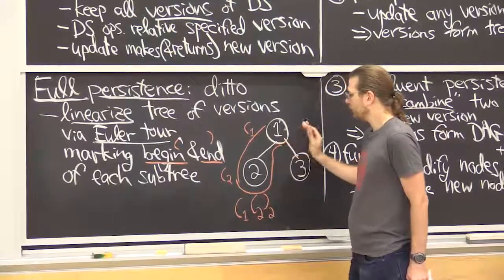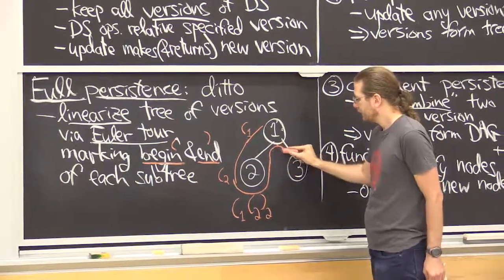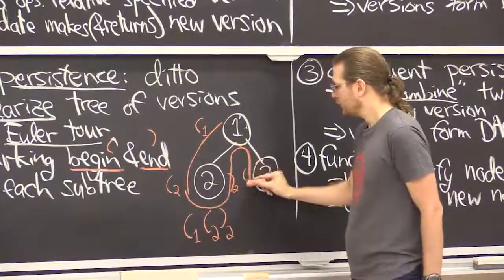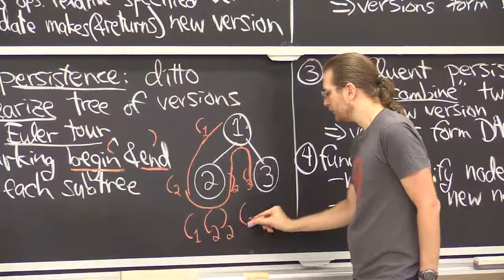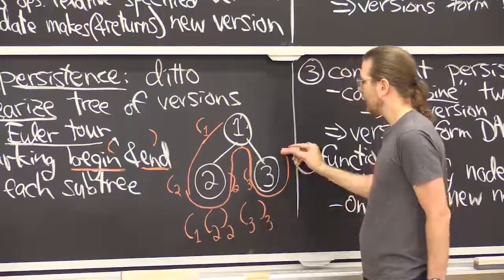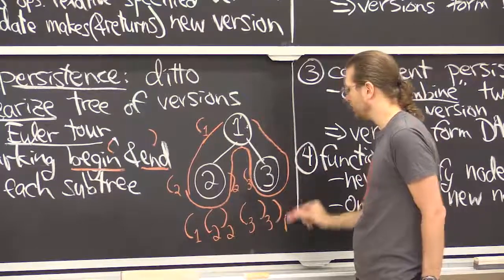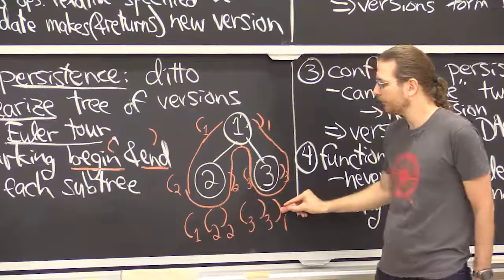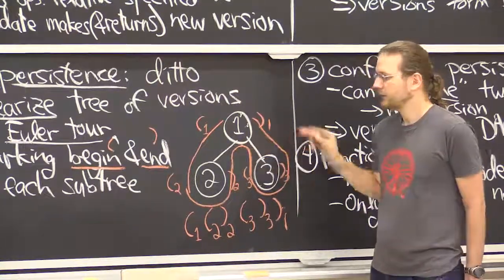I visit 1 again, but it's not the first or the last, so I don't care. Then I come down and I visit 3: open 3. This is the first time I visit 3, and it's also the last time I visit 3. And now it's the last time I visit 1. So this is my parenthesis string that represents this tree of versions.